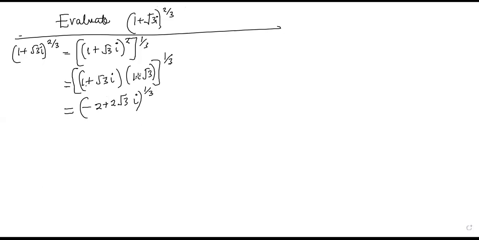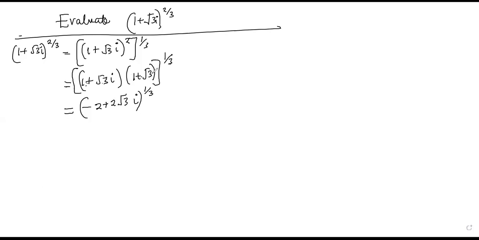So I have 1 times 1, which is 1. Then 1 times root 3i, that is root 3i. 1 times this, root 3i, and then root 3i times root 3i. So 1 plus root 3i times 1 plus root 3i.